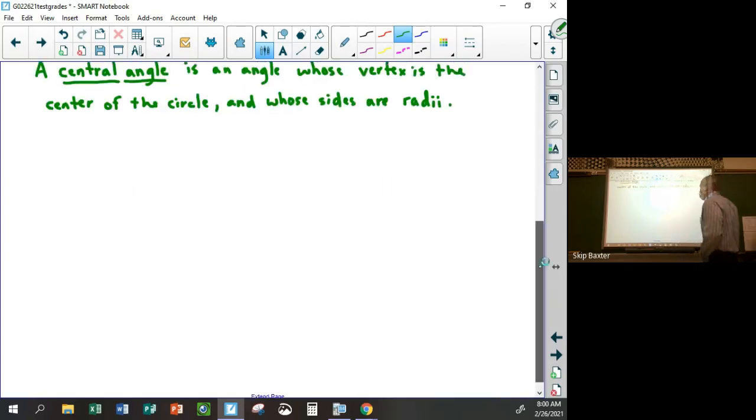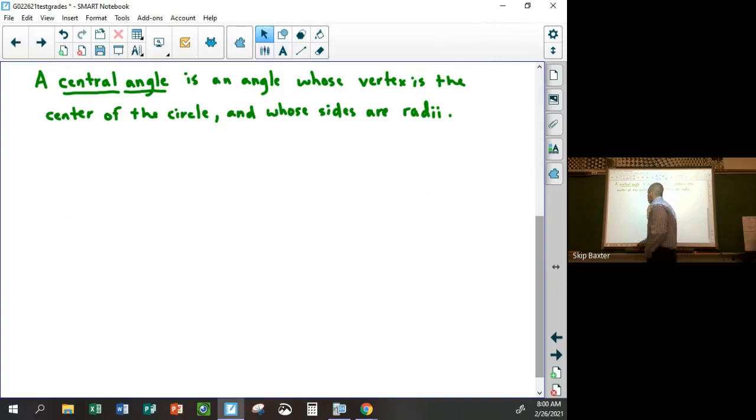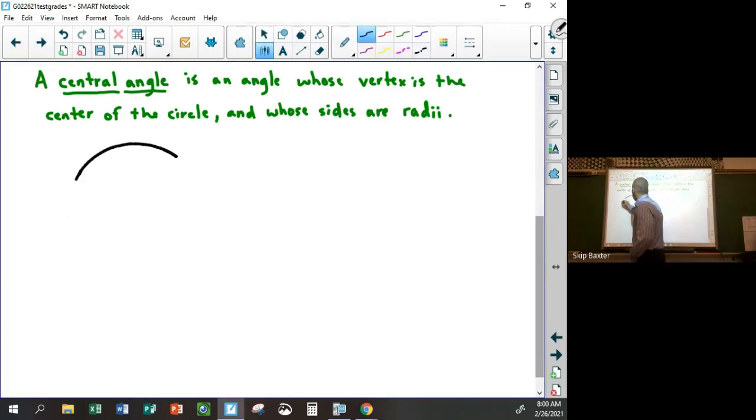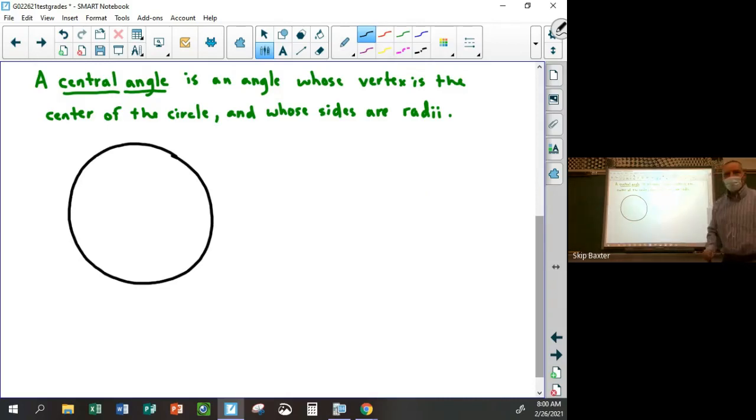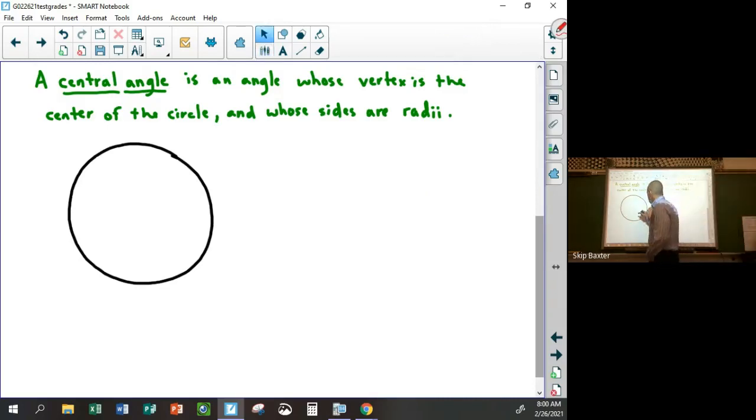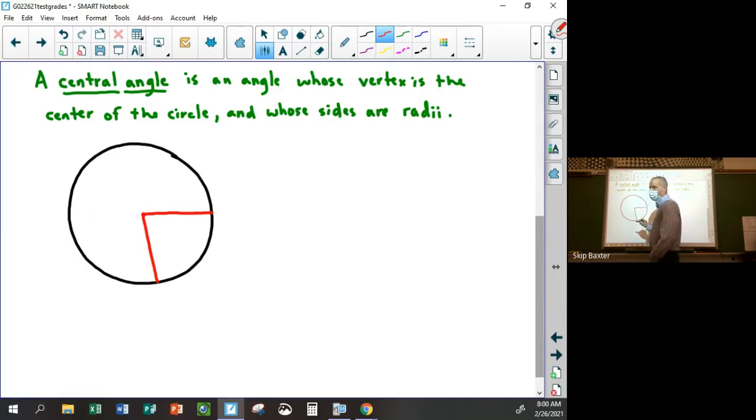Okay, so if I have a circle, a central angle just has to have the vertex of the angle right at the center, and the sides of the angle are radii.